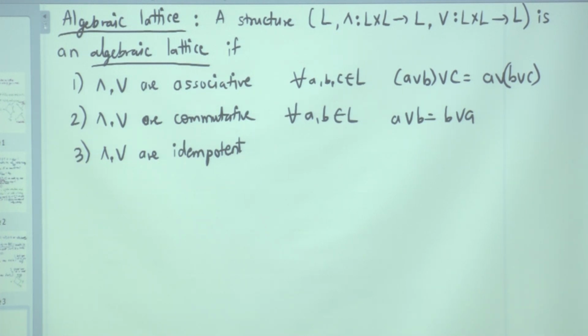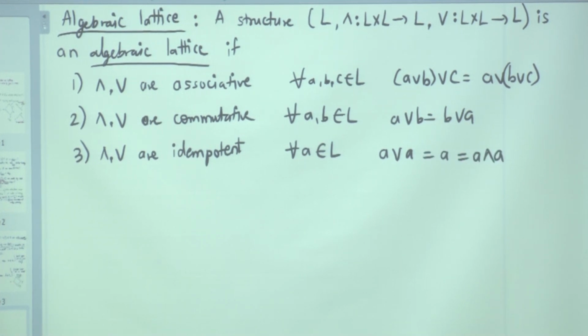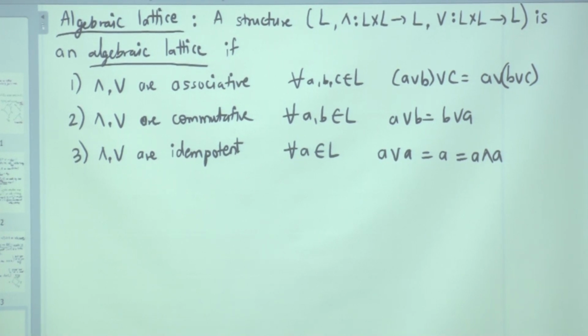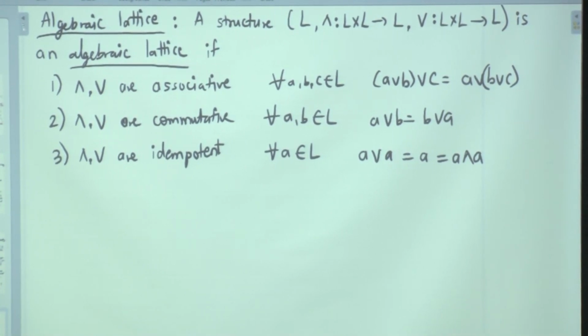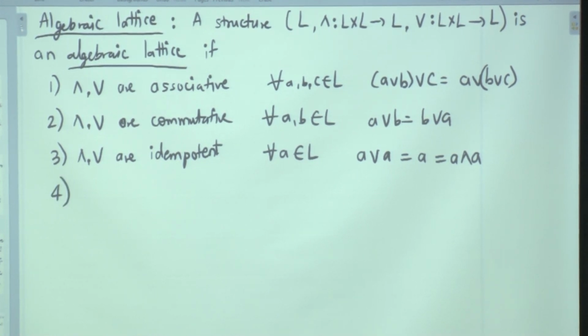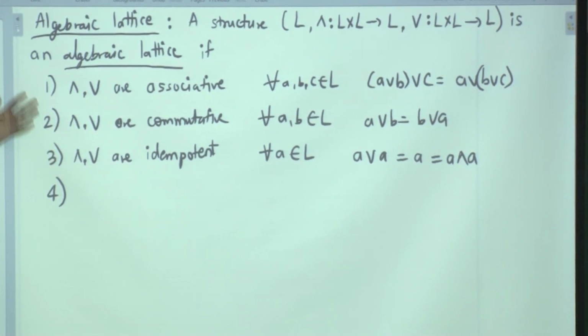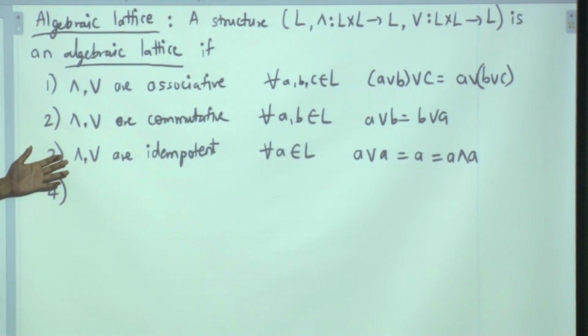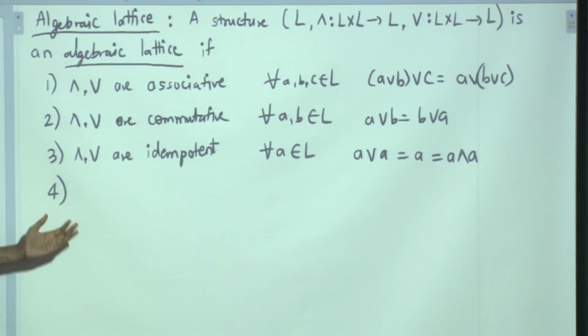Which means for all A in L, A join A is equal to A, which is equal to A meet A. Take the operation with itself, it generates itself back, idempotent. And the fourth property: so far those two operations do not really interact with each other. Now they should interact. So these are called absorption laws.